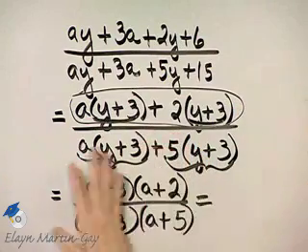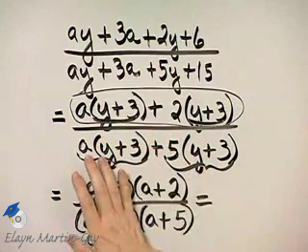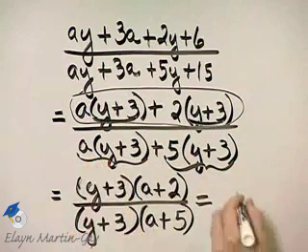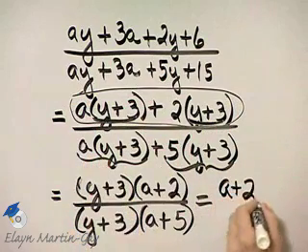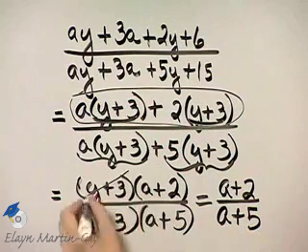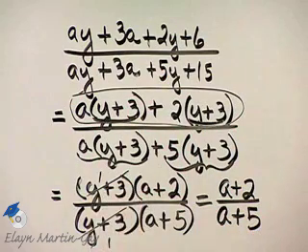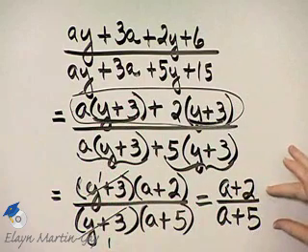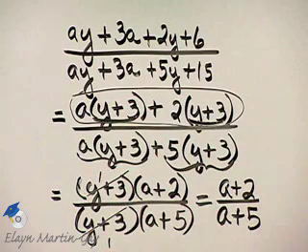So I have 1 times a plus 2 over a plus 5, which simplifies to a plus 2 over a plus 5. In other words, those common factors divide out, and here I have completely simplified.